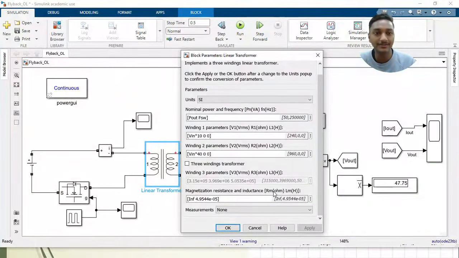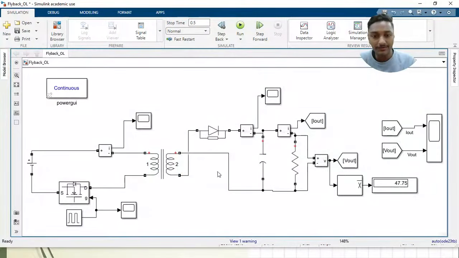I told you that RM is there, so we generally keep it open circuit by keeping it infinite, but LM is a very important parameter which we should keep in mind. Whatever LM we have calculated, I have just kept this value here. So this is my LM parameter. Hopefully you know this is a very important parameter for energy transfer. Don't ignore this parameter, otherwise your simulation will be wrong. So this is how we can keep the values.